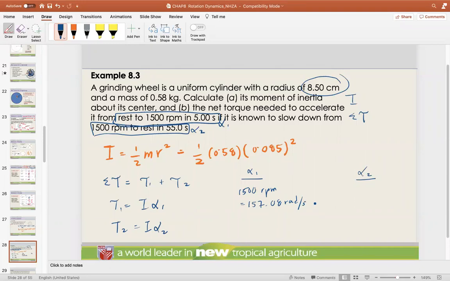How to find acceleration is change of omega over time. Our final is 157.08, our initial is 0, so 157.08 over 5 seconds. Correct. That answer will give us 31.416.